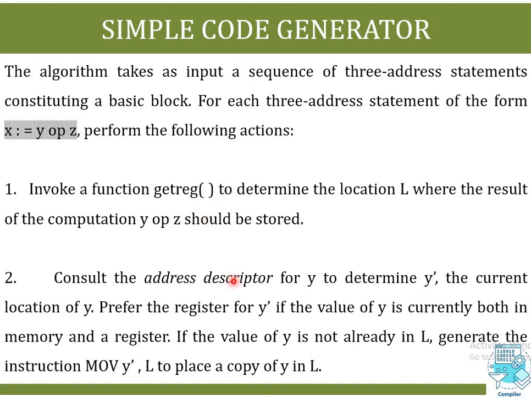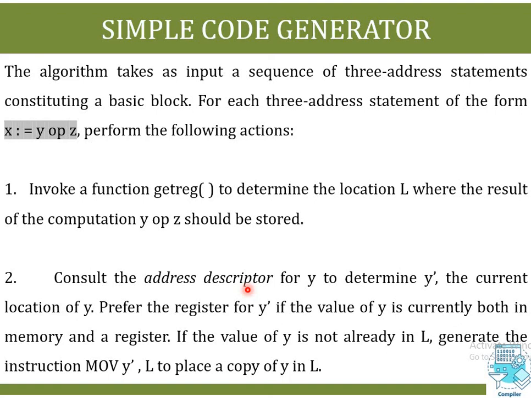The second step is we will be consulting the address descriptor for the operand y to determine y dash. The address descriptor keeps track of the address of a particular variable.